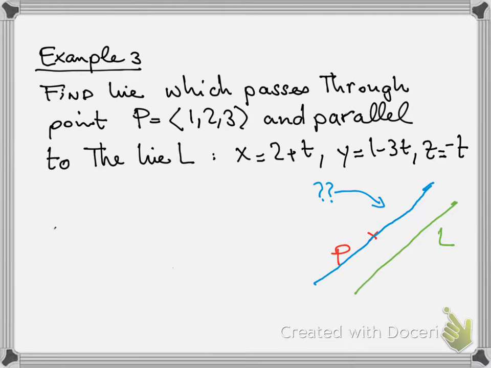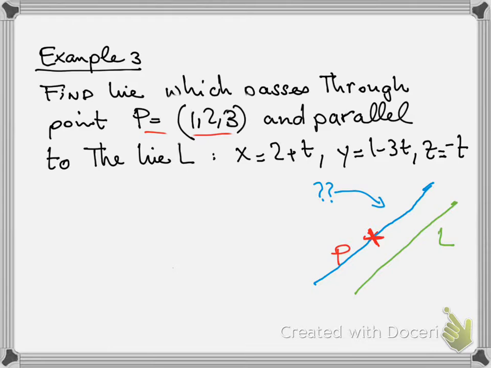Well, remember guys, to find the parametric equation of a line, you need a point. This line passes through the point P, so we already have the point. That's good news. And we need, of course, a direction vector.